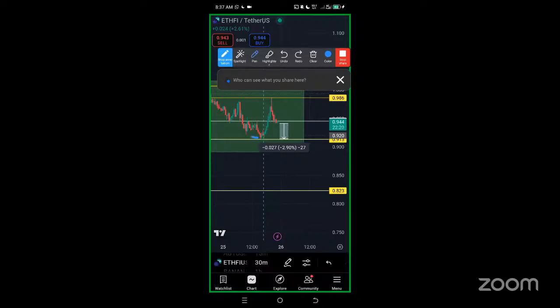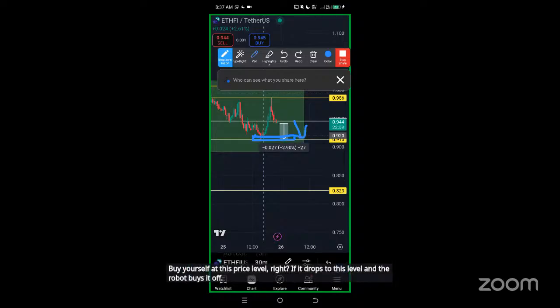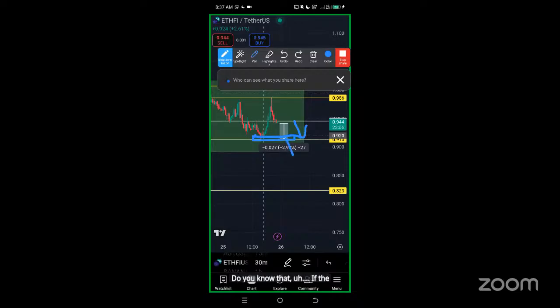Let's assume the market price, the robot buys off at this price level, right? If it drops to this level and the robot buys it off, do you know that if the market continues down, sometimes we may not know how much to set as our margin call drop. But you have this distance already. You have this distance already from your support 1 to support 2.